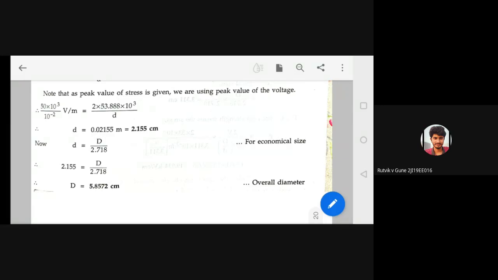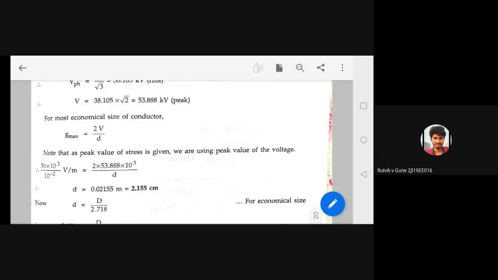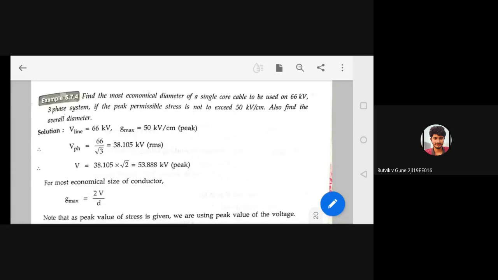Same thing, 2.718 we just saw, small d equals capital D divided by 2.718. You get capital D, which is the overall diameter, and the economical diameter from the small d equation. So the question has both parts, economical diameter and overall diameter.